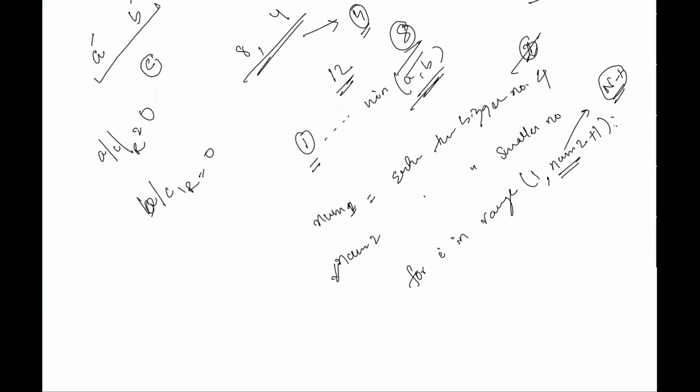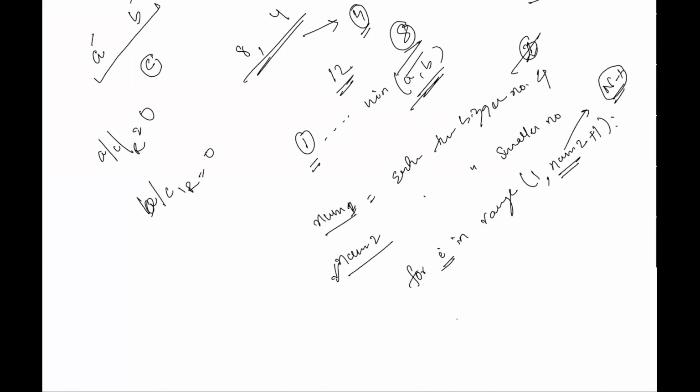Now, once I have done this, what I have to validate is that when you divide num1 by I and num2 by I, the remainder should be 0. And if it is 0, use another variable and store the value of I in that variable. That is going to be your GCD. Okay.